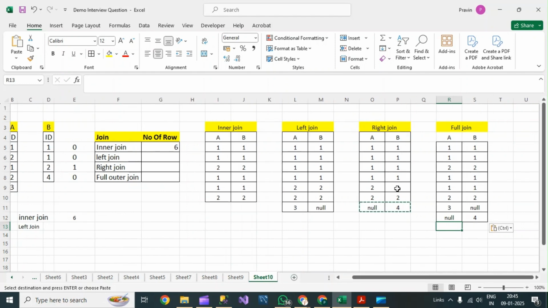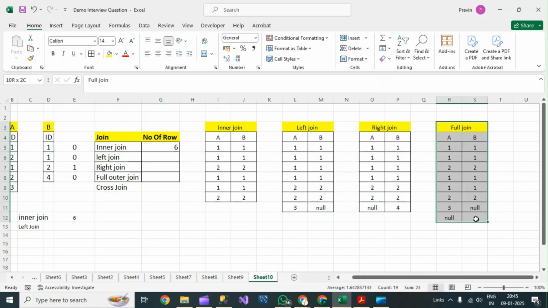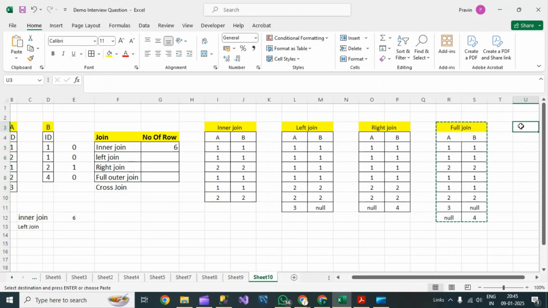And the last one is the cross join. Can anyone tell me what is the output for the cross join? How many rows will it return? 20 rows are there. 20 rows, okay.